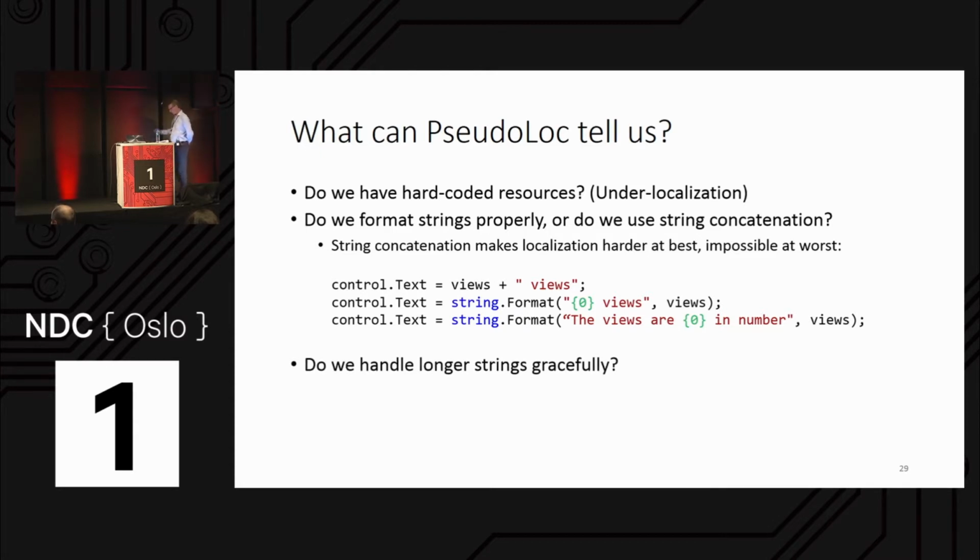Do we handle longer strings gracefully? You'll note that the PseudoLoc thing made strings longer than they used to be. This is actually not as much of a problem now as it used to be, because in the olden days of Win32 programming, you usually had a fixed grid where you had your layout, and you did your UI and everything looked good, and then you translated this into German, and then suddenly everything got clipped at the end, because German tends to be longer.